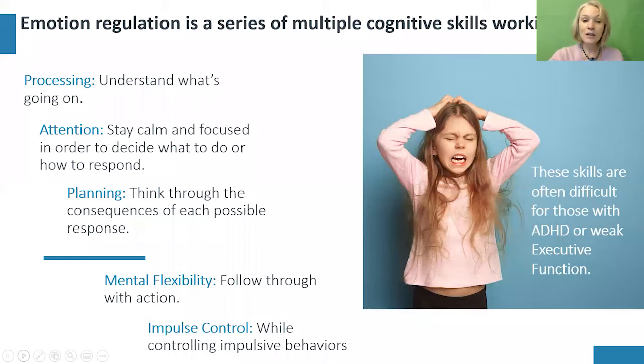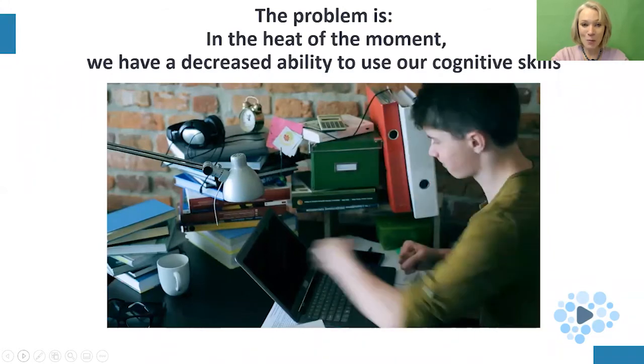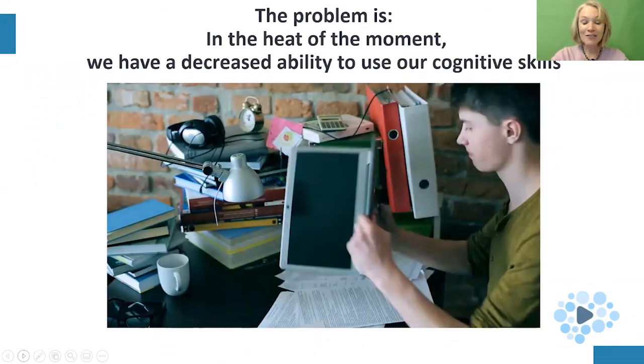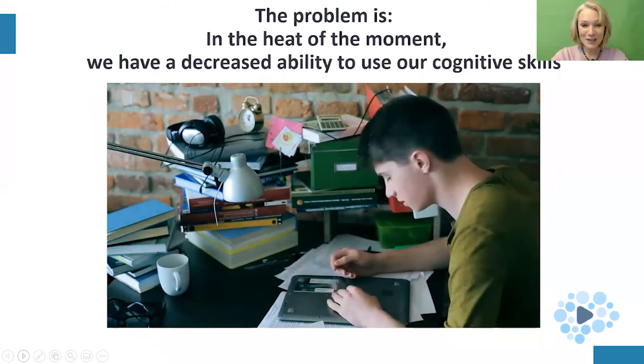And again, these are skills that are typically weakest for individuals with attention difficulties or weak executive function. So, what's a strategy that we can use? Because when we are in the heat of the moment, we actually have a decreased ability to use our cognitive skills.